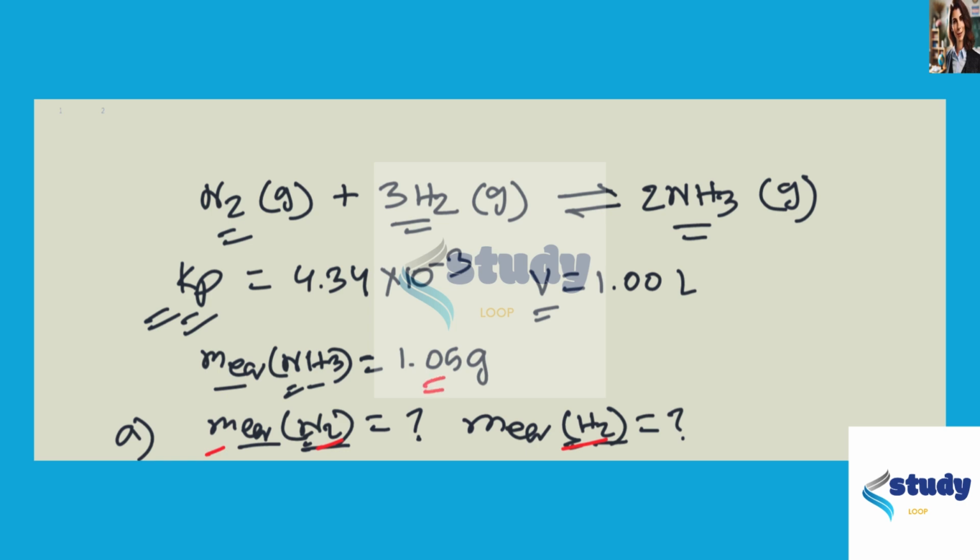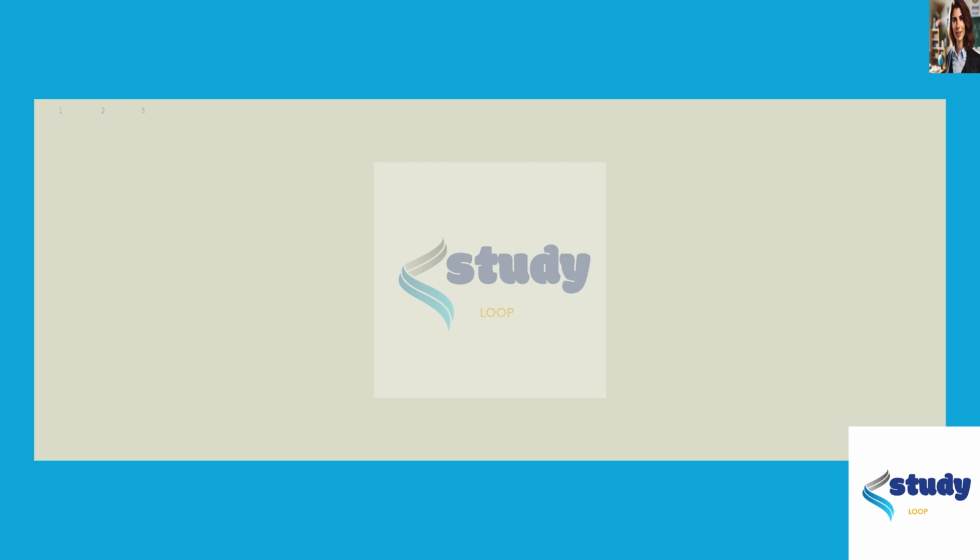We are given the equilibrium mass of ammonia, and we know the ideal gas equation, PV = nRT. We can utilize that equation to find the equilibrium partial pressure of NH3. Here V is the volume, n is the number of moles, R is the universal gas constant, and T is the temperature.